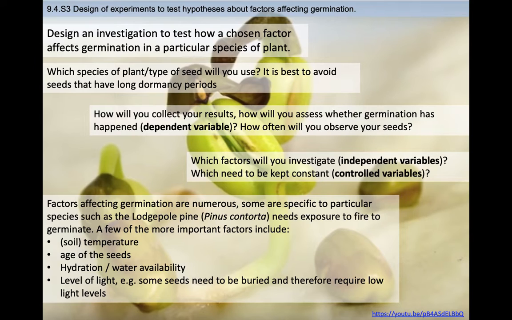I will have different salt concentrations, and for each trial I will have like 10 seeds. Then after my period, I will look and see how many of my seeds germinated out of 10. And that can be another way that you can measure germination.